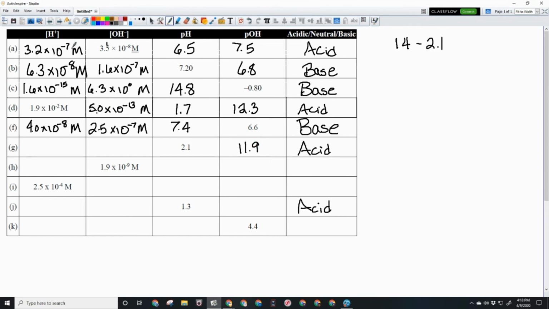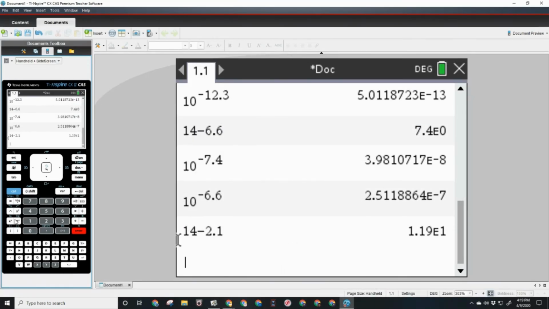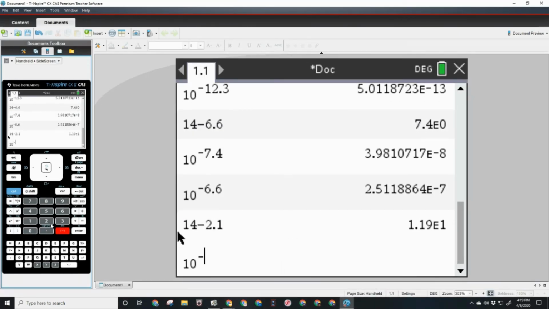All right, and so now we need to calculate H and OH. Concentration of H is equal to 10 to the negative pH. And the opposite for OH, 10 to the negative pOH. All right, so 2.1 for pH, 10 to the negative 2.1.